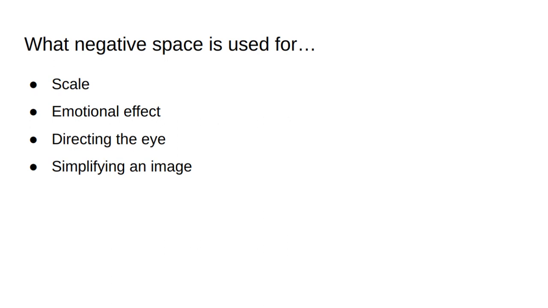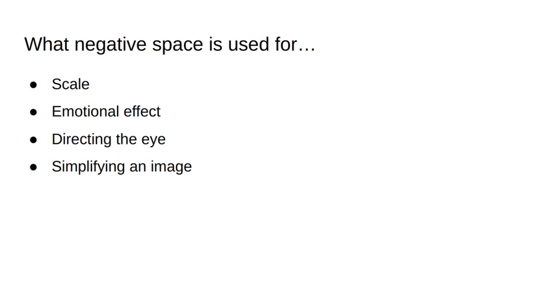Maybe the character's lonely or depressed or feeling uneasy about something. So it does create some sort of meaning or psychological effect. It directs the eye, obviously, because we want to know where the eyes are meant to be. It gives us a clear focus.